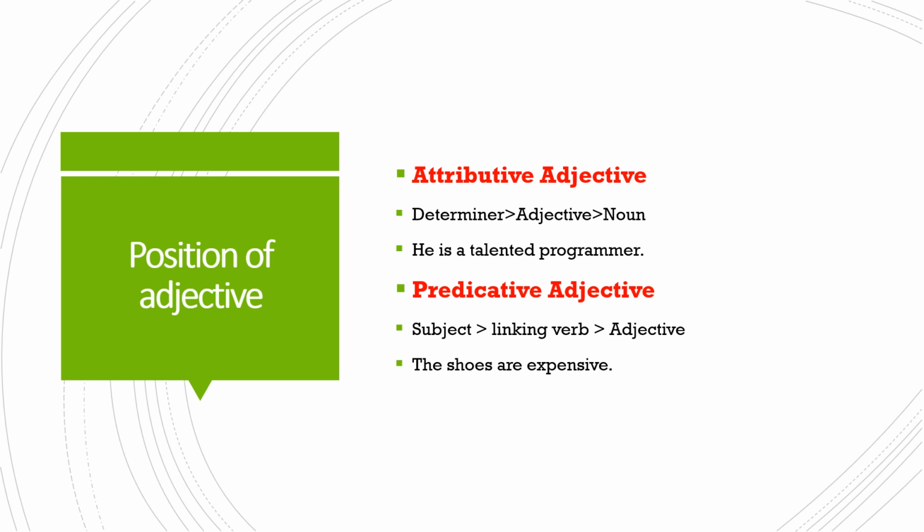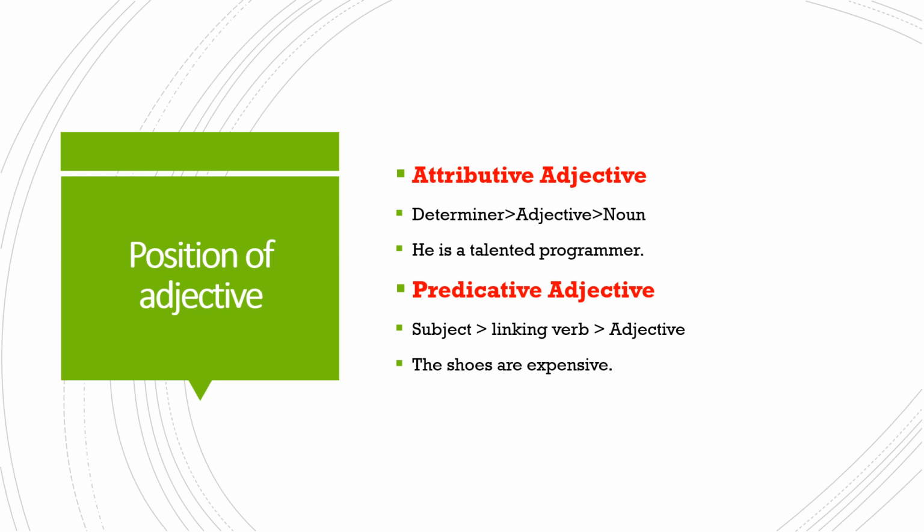Similarly, the second position of an adjective in a sentence is that of a predicative adjective. In this case, first there is a subject, then it is followed by a linking verb, and then by an adjective. The shoes are expensive. Over here you can see expensive is telling us something about the shoes.